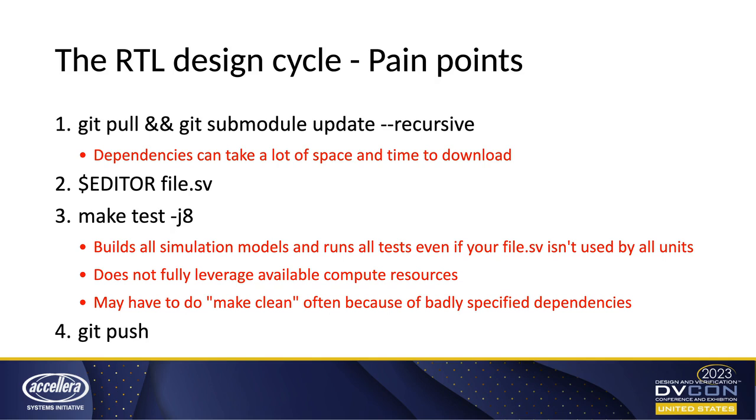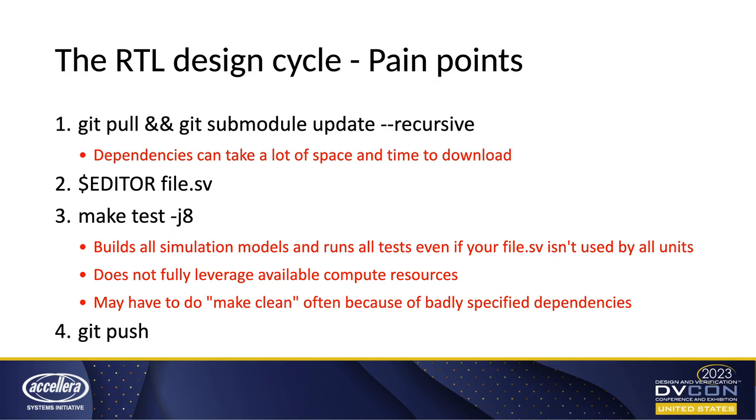Another problem I've seen often with make is you have to do make clean often because it's hard to specify dependencies. Say your rule depends on A, B, and C, but in your makefile you only wrote A and B. Make doesn't tell you that you did something wrong. It'll just happily do its thing, and then one day you edit C and run make, and it doesn't actually do anything, and you think everything is okay, it worked, and you push, but then later on you find out that your edit to C just broke everything, right?